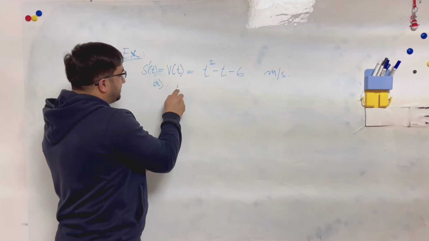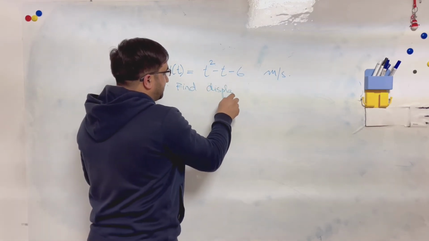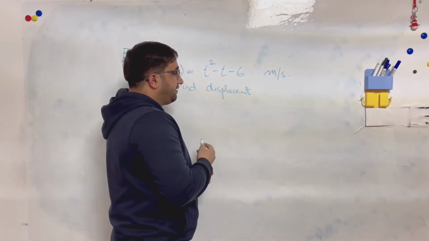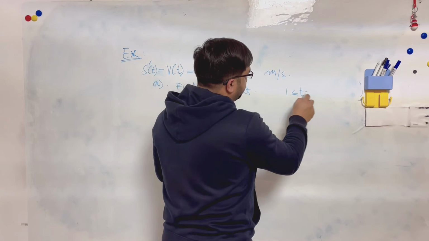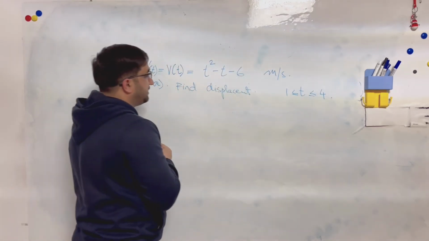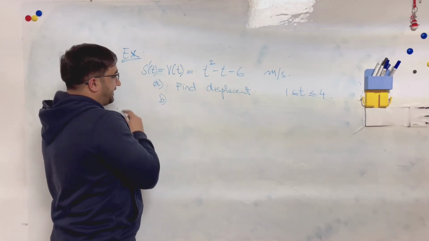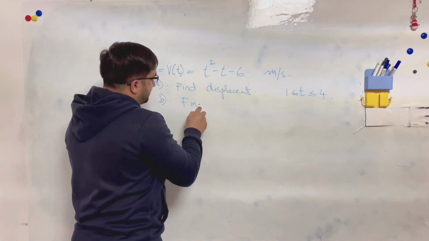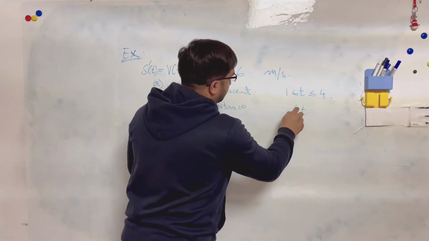The question is the same. First one is find the displacement, but the interval is 1 to 4. In this time interval, find the displacement and find the distance in the same interval.